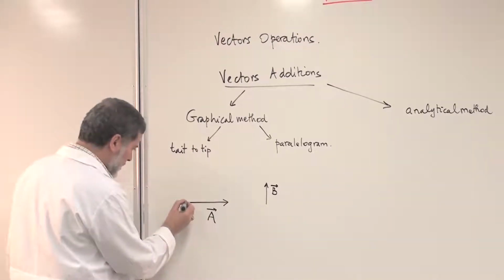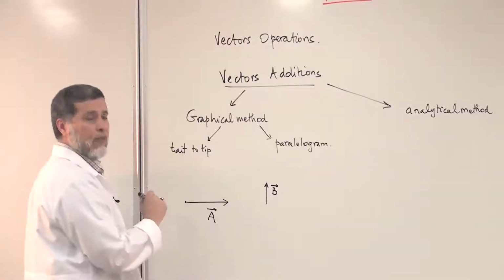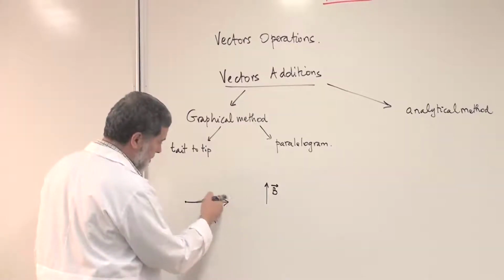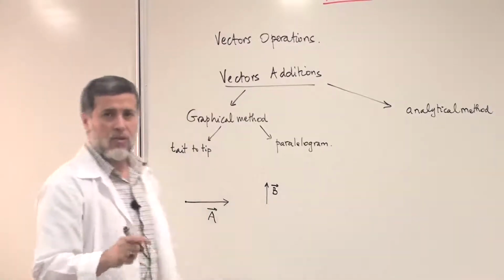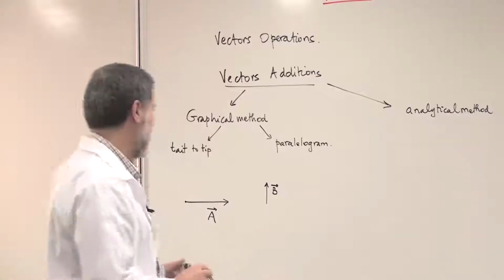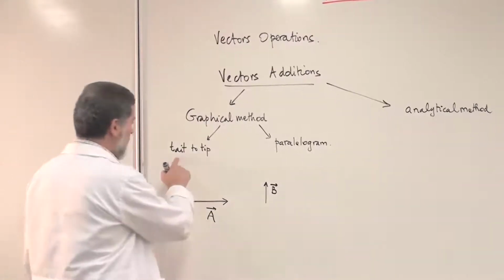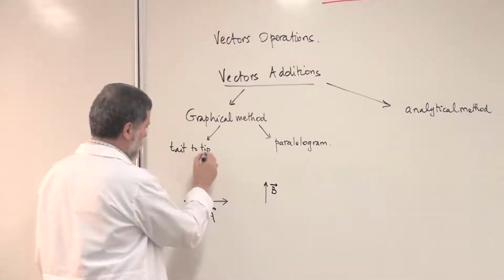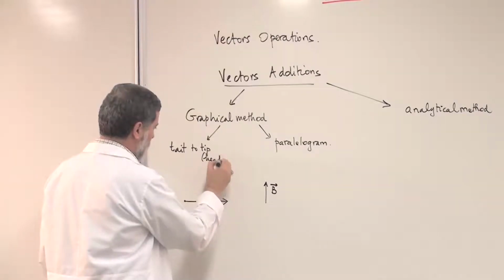We call this point here the tail of the vector, and this arrow here the head. So a vector has a tail and a head, and we also call the head the tip.